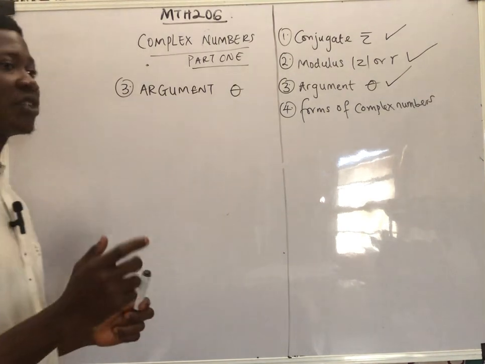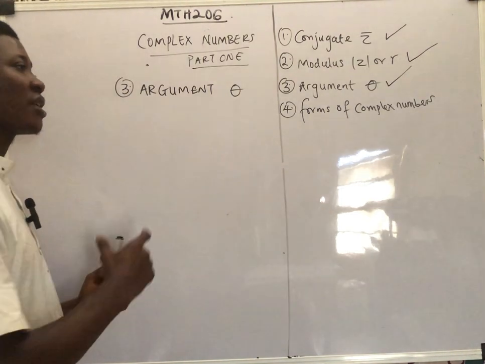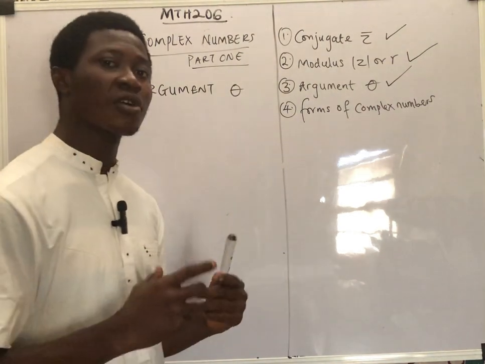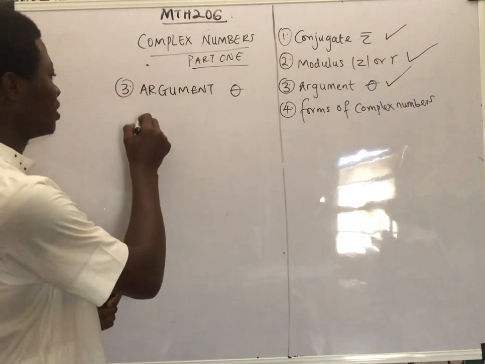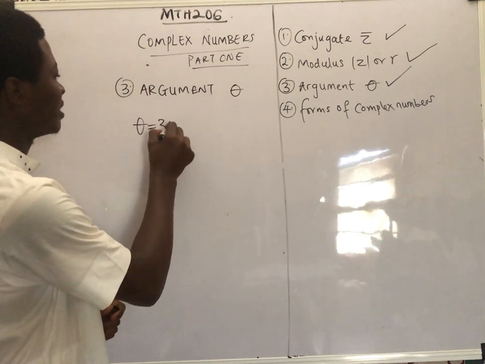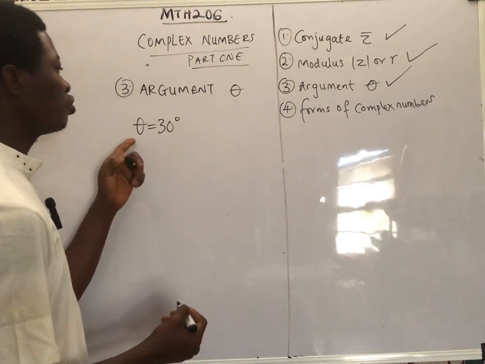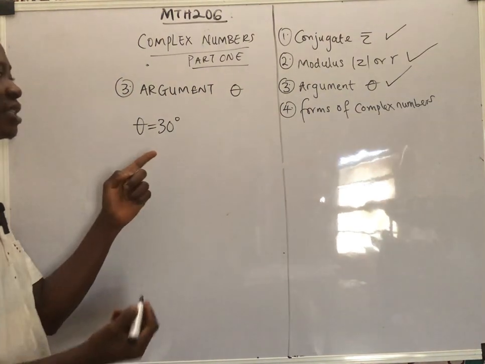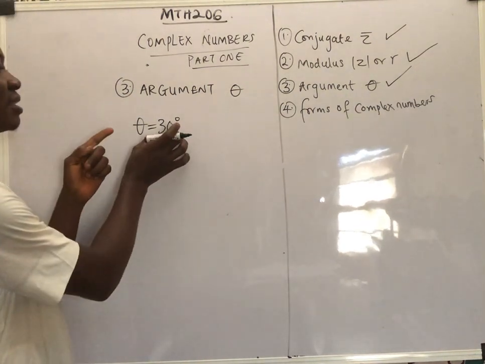So whatever argument you are getting, you are going to express it in radian. And remember, I said that argument is more or less an angle. Let's say somebody tells you that the argument is 30 degrees. It shouldn't be in degrees, rather it should be in radian. So you convert 30 degrees to radian.